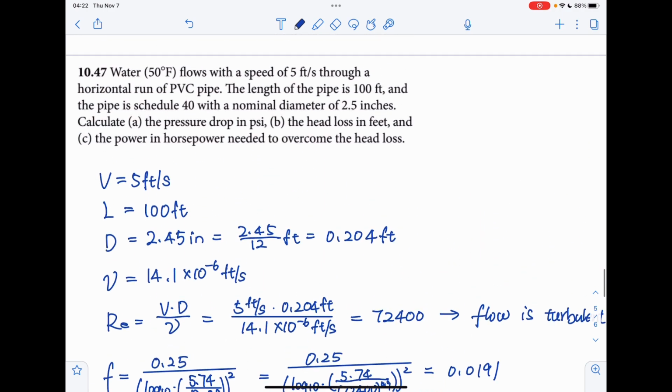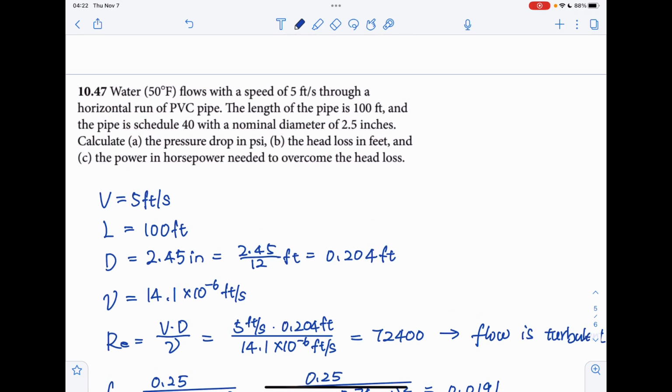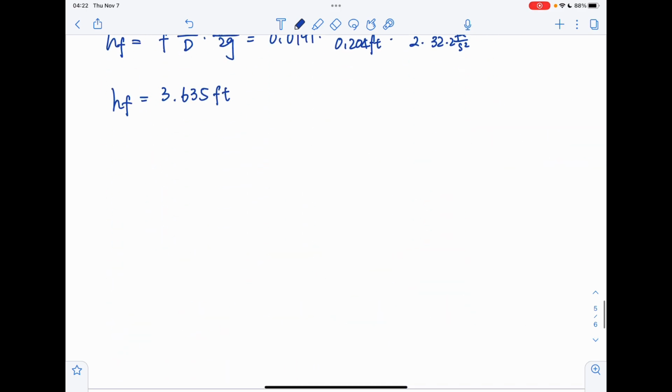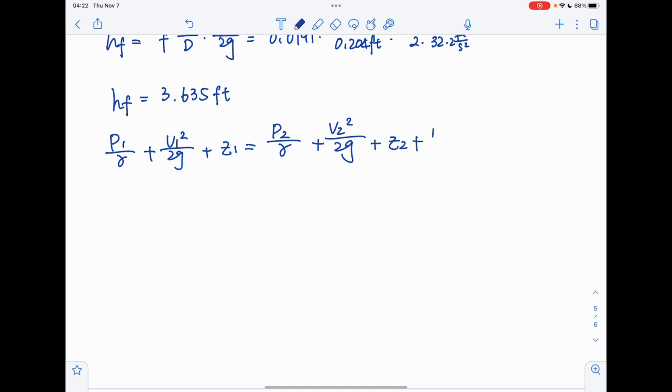So we actually found part B first. Now we're going to use the energy equation to find the answer for part A. P1 over gamma plus V1 squared over 2g plus z1 equals P2 over gamma plus V2 squared over 2g plus z2 plus the head loss, which should be hf for this problem.